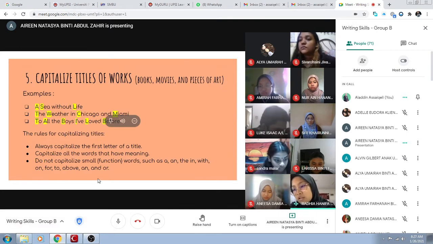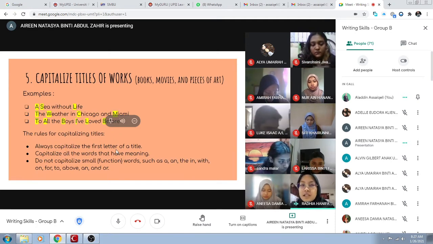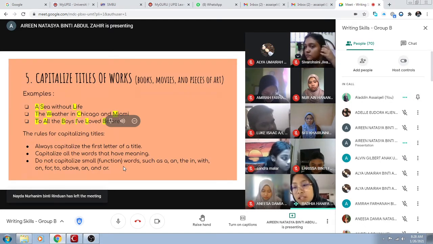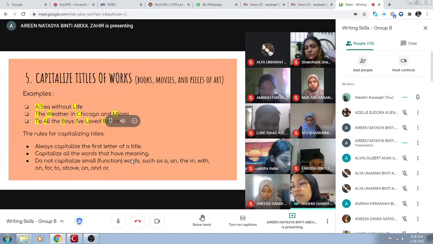And the last one basically has 3 rules, which is always capitalize the first letter of the title. If the title has more than one word, capitalize all the words that have meaning, like content words. And do not capitalize small function words such as a, and, the, in, with, on, for, to, above, and all.